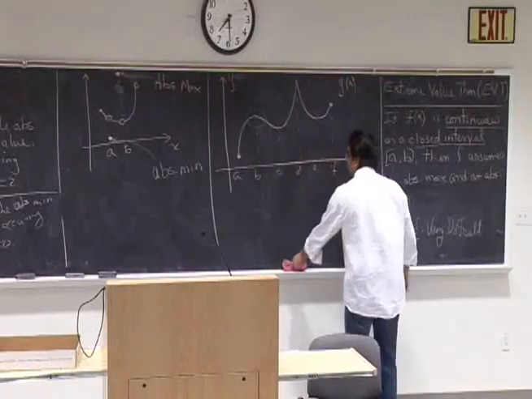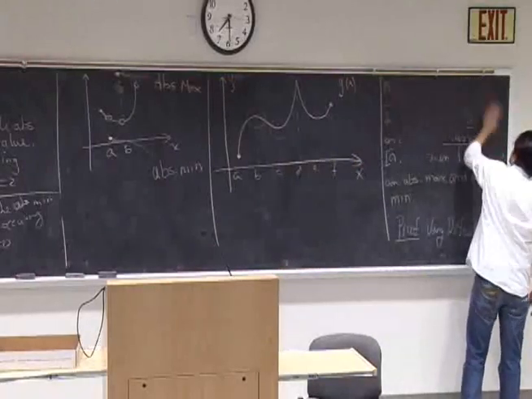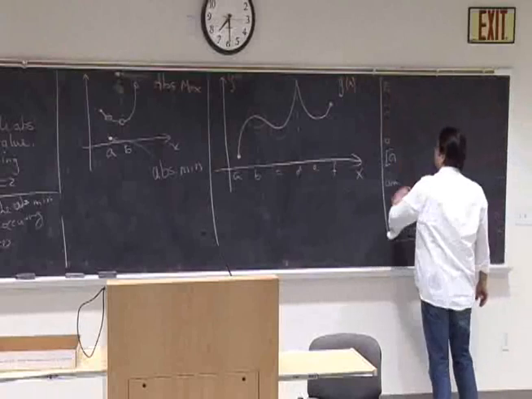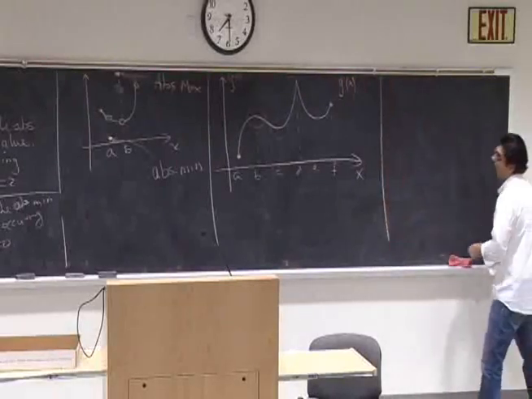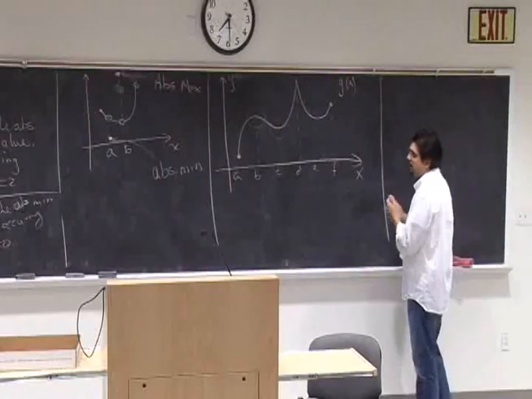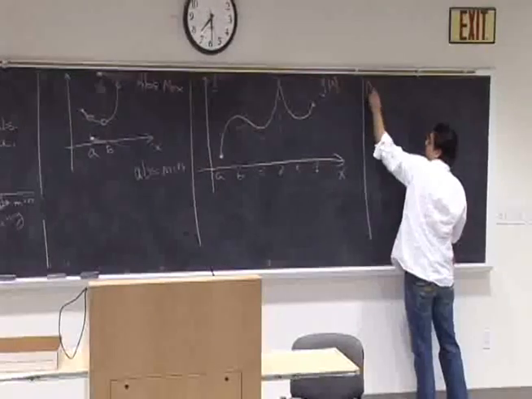So let's write a definition that says all that. And we don't call them peaks or valleys, we call them local maximum and local minimum. So here's a definition.